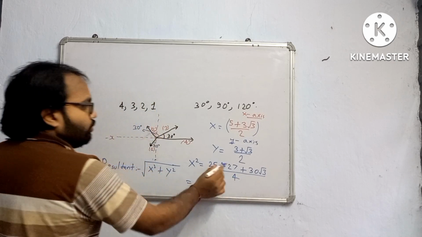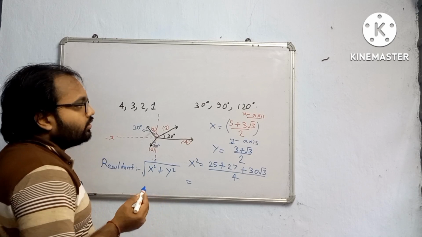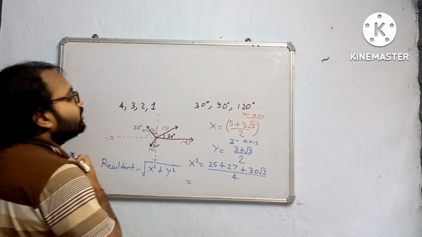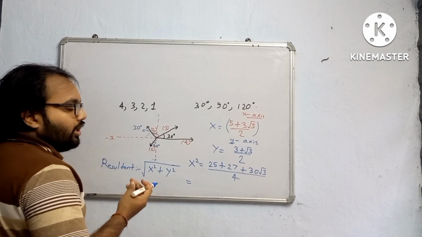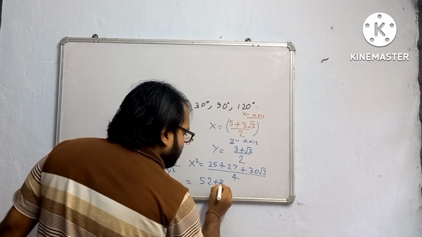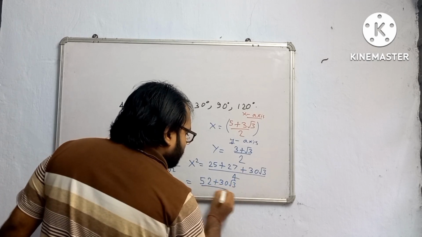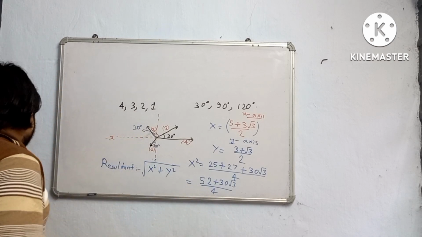That will be equal to 25 plus 27, which is 52, plus 30 root 3 by 4. This we are getting. Now I am erasing the diagram.